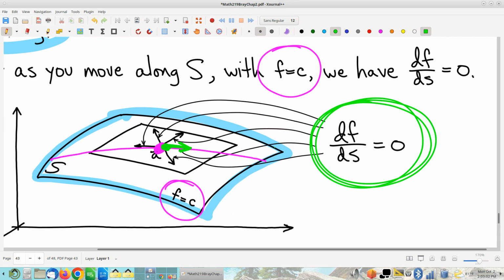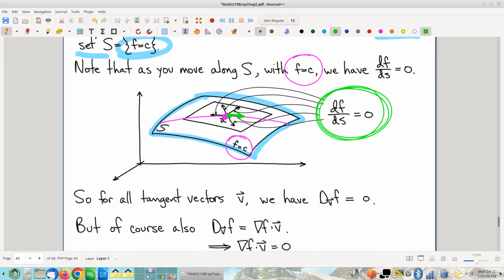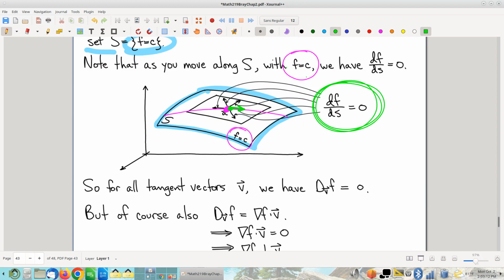All right. So in this situation, as we are at that point on that purple curve, moving along the curve in that green direction, the rate of change with respect to distance is 0.